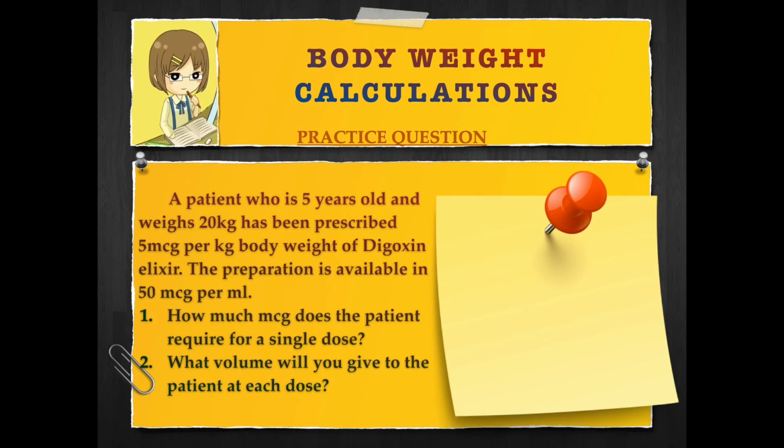How much microgram does the patient require for a single dose? And what volume will you give to the patient at each dose? So the answer is 20 kilogram into 5 microgram is 100 microgram. And for the volume, we apply the values in the universal formula and the answer is 2 ml.